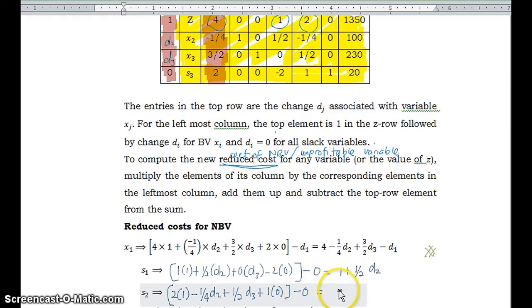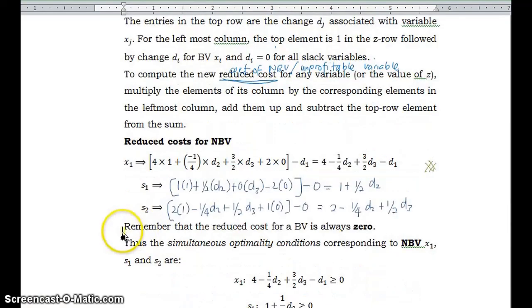Simplify this, we get 2 minus 1 over 4 D2 plus 1 over 2 D3. We only need to find the reduced cost, or the coefficient, of NBV because those variables are the unprofitable variables. We don't have to calculate the reduced cost for BV because the coefficient of BV in optimal row 0 is always 0.